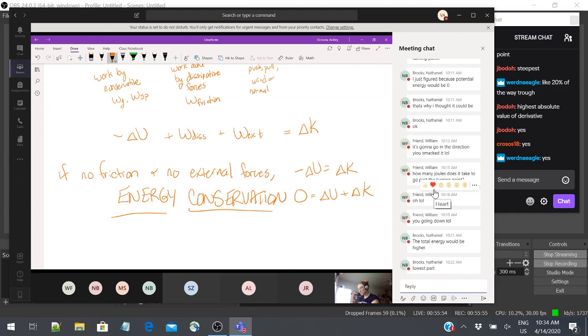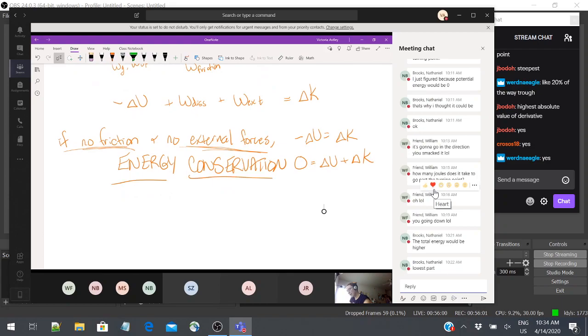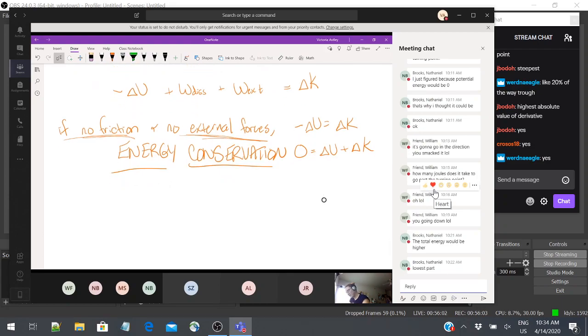But that's only if there's no friction and no external forces. If I do have friction and external forces, this would become delta E system is delta U plus delta K, right? If not conserved.